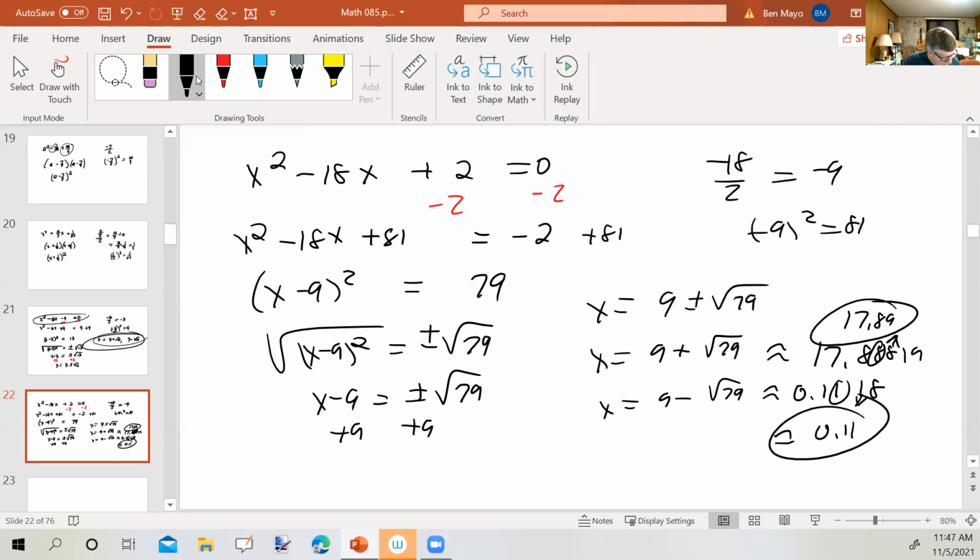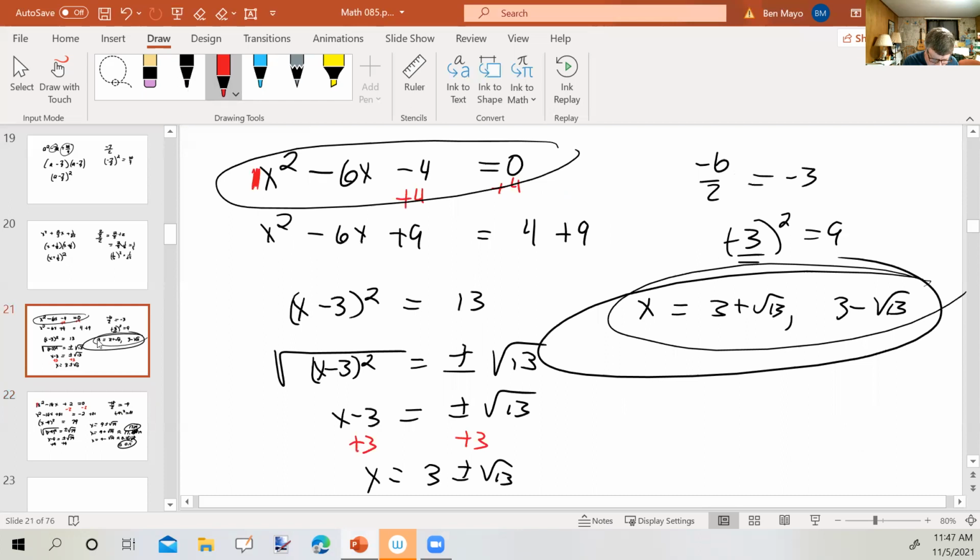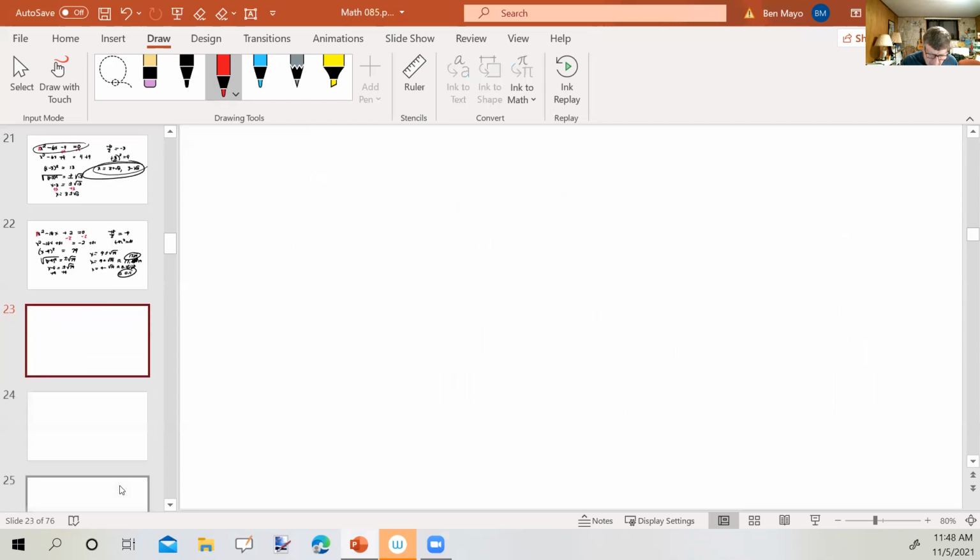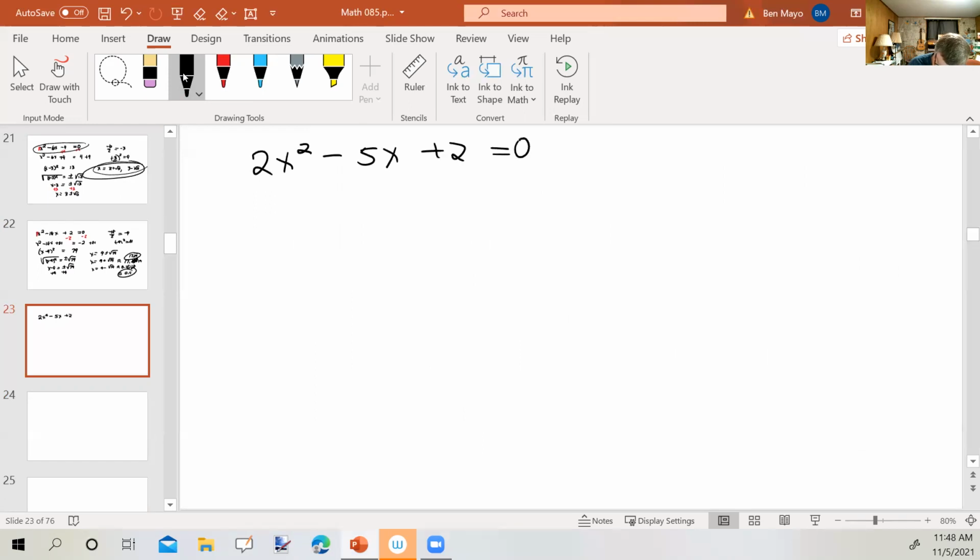Okay, now that's not the whole story though. These last two examples had a leading coefficient of a 1. So here and then here. Let's say the leading coefficient is not a 1. So let's take this equation, 2x squared minus 5x plus 2 equals 0.